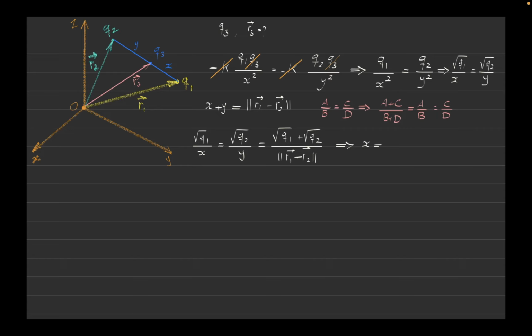So x becomes square root of q1 divided by square root of q1 plus square root of q2, multiplied by the norm of vector r1 minus r2. Okay, so let me keep it in the box for future reference.